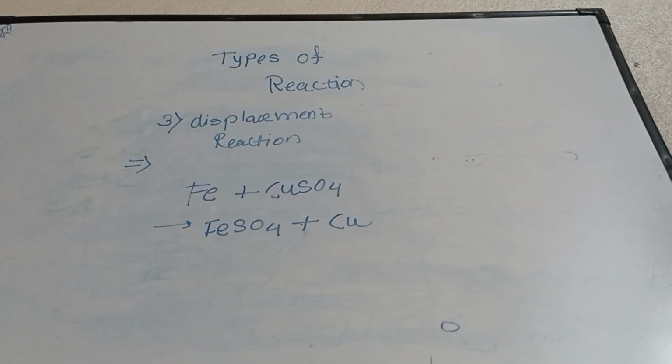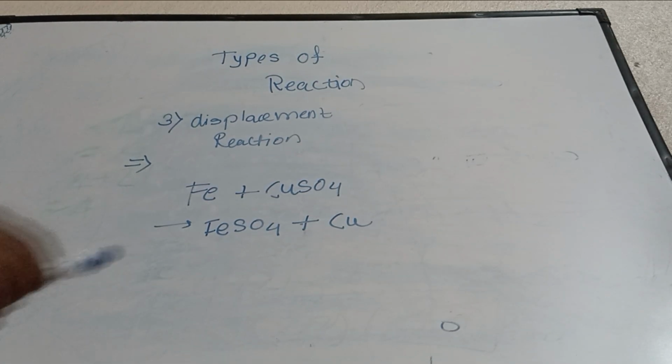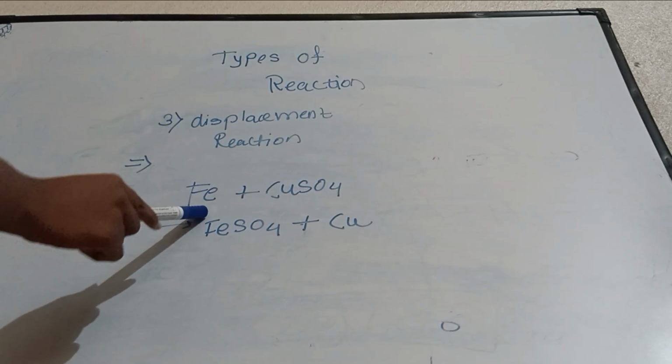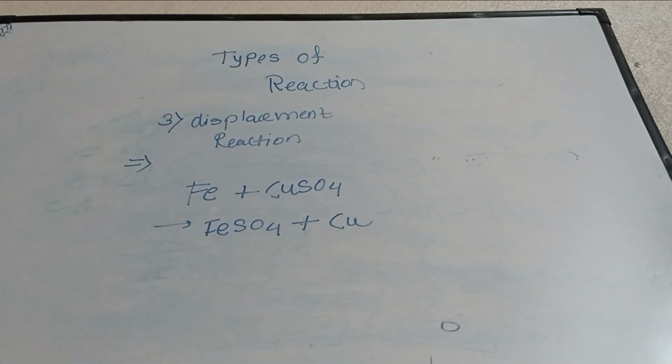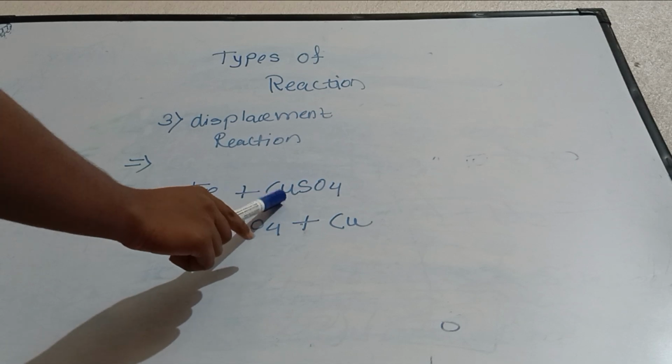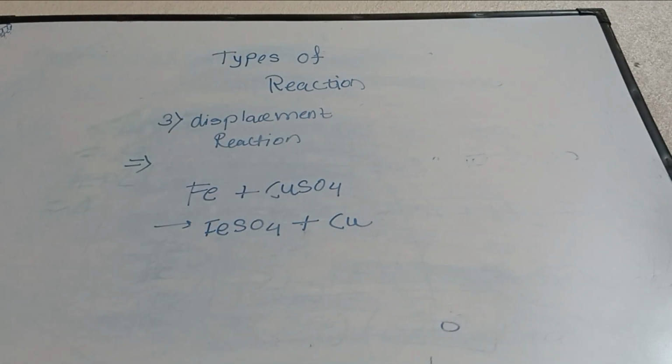That is important. Why does the iron kick copper? So keep one rule in mind: whoever is more powerful will rule. Iron is more powerful than copper, powerful in terms of reactivity. Iron is more reactive than copper, so copper got displaced by iron.